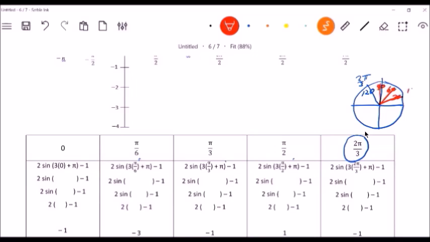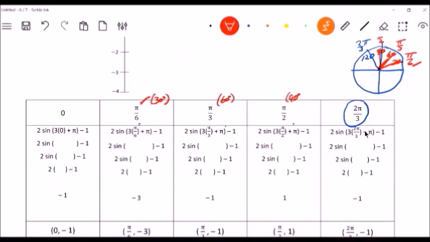Or in terms of radians, we have pi over 6, 2 pi over 6, which is pi over 3, 3 pi over 6, which is pi over 2. And that's why I put pi over 6 here to match the 30 degrees, pi over 3 to match the 60 degrees, which is the middle one. So that's exactly halfway in the first period of this. And then pi over 2, which is 90 degrees.